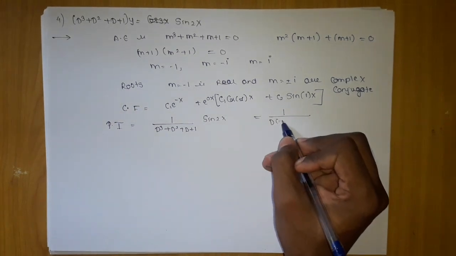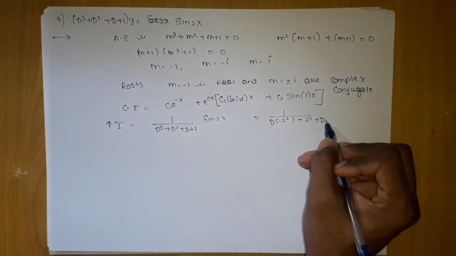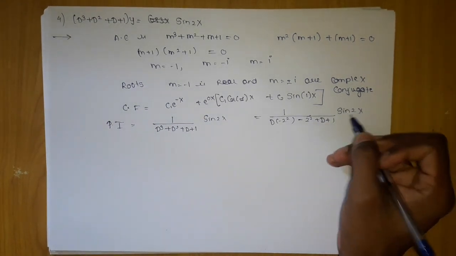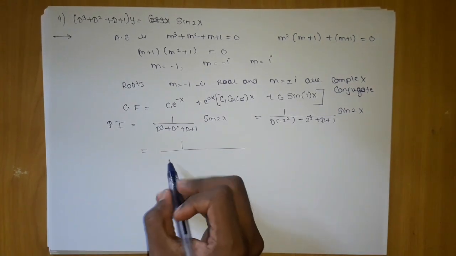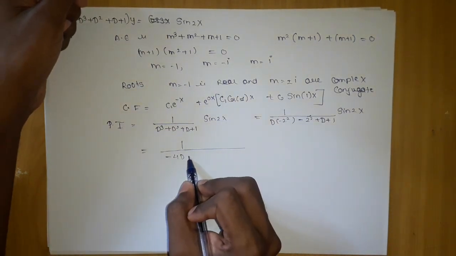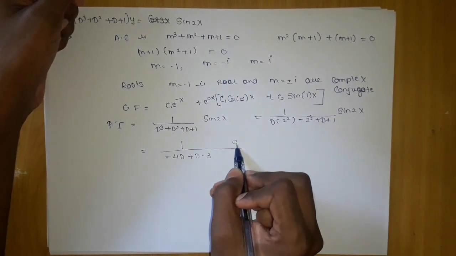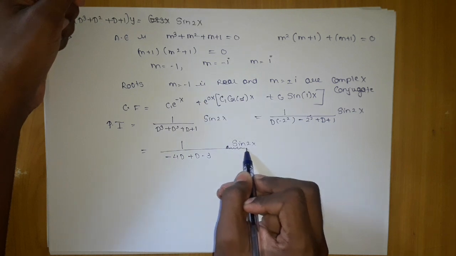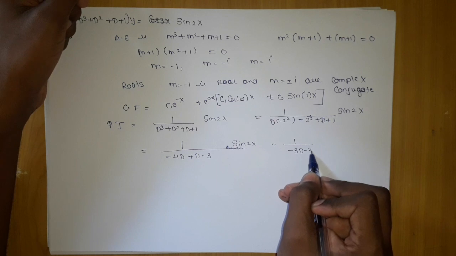So D into -2² first, and here -2² + D + 1 into sin 2x. After this, 1/(-4D - 4 + 1), which is -3 + D - 3... we are left with 1/(-3D - 3) sin 2x.